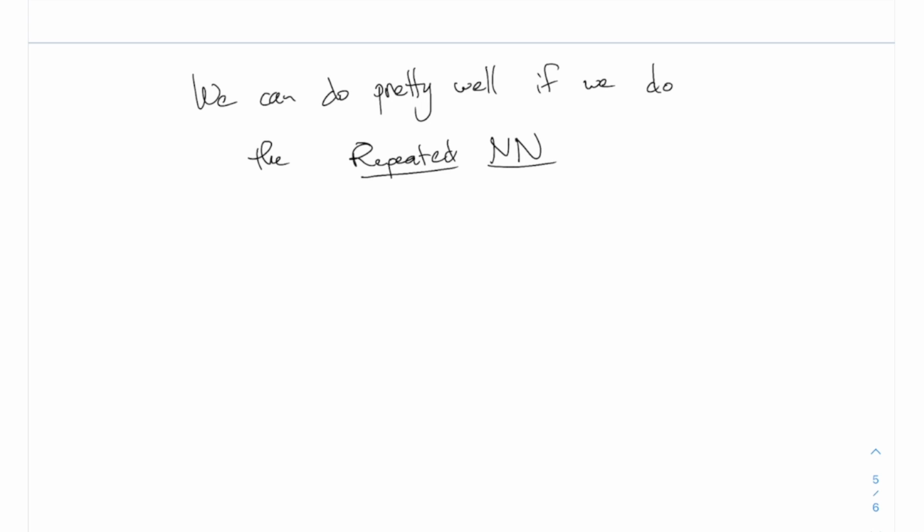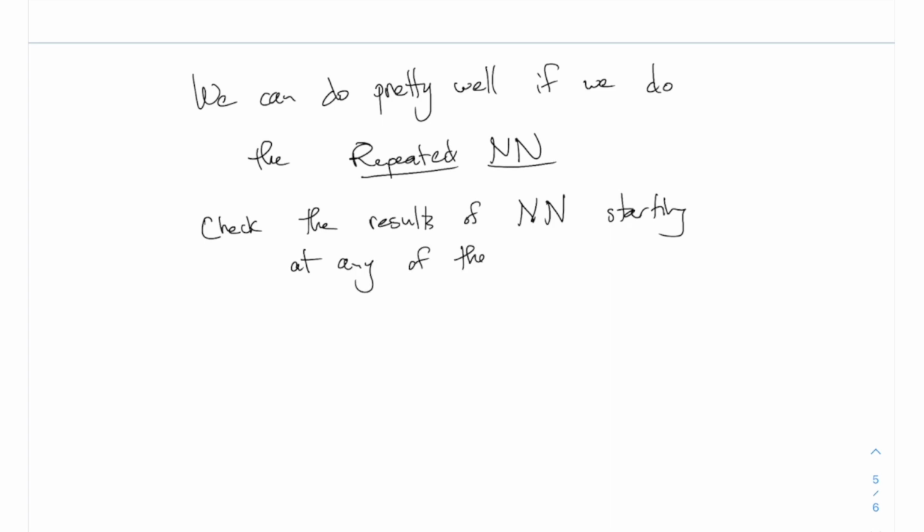So the repeated nearest neighbor procedure, how you do it is you just check the results of the nearest neighbor starting at any of the vertices and choose the best answer.